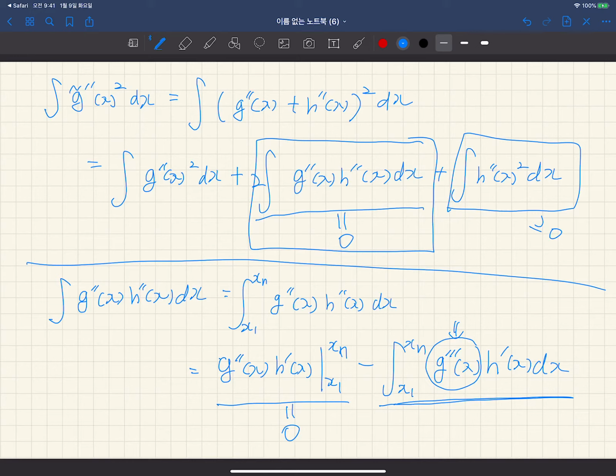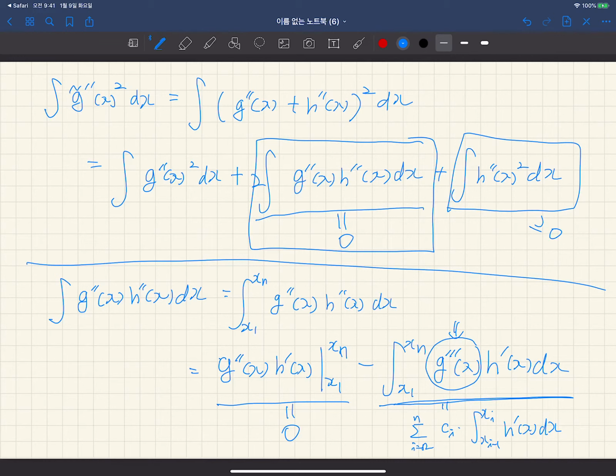So this is equal to the sum over i from 2 to n of some constants c_i times the integral from x_{i-1} to x_i of h prime x dx.